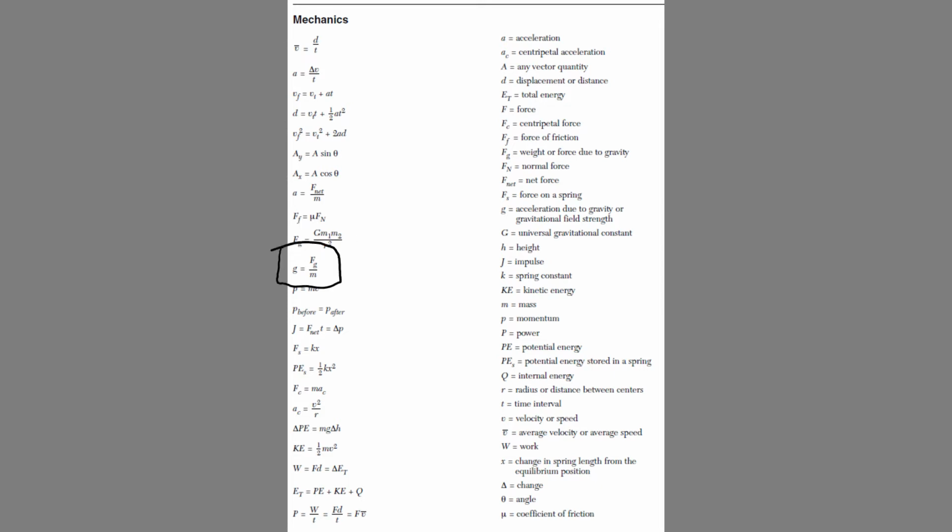Little g is equal to Fg over m, which is kind of like the same form as Newton's second law. You could see the similarity there. They replaced the a with the g and replaced the net force with the weight. If you want, you could write next to it F sub g is equal to mg. If you didn't do this already, you could also put that form in your reference table if you want.